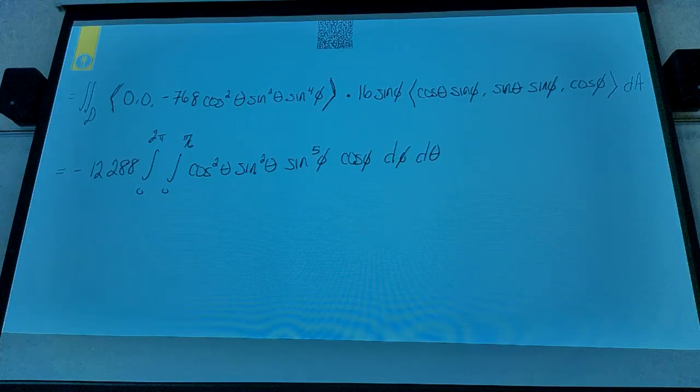12,288 divided by 12. What was it? Should not be 124. 129. Should be 128.